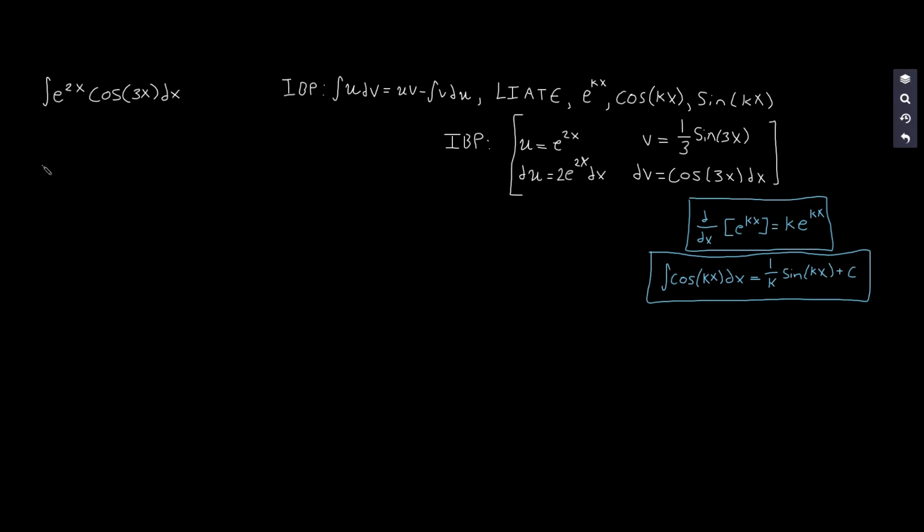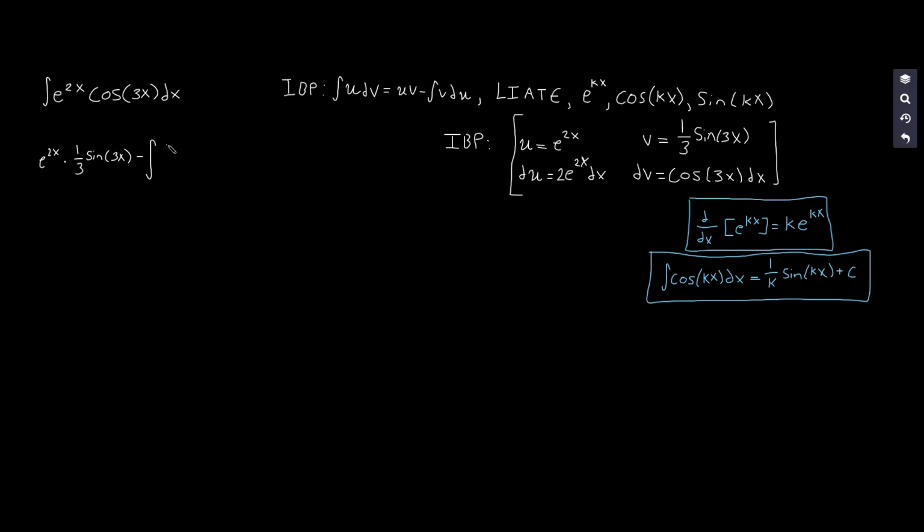All right, and I'm going to go ahead with my setup using the formula. So u is e raised to the power of 2x. u times v is 1 over 3 times sine of 3x, minus the indefinite integral of v times du.